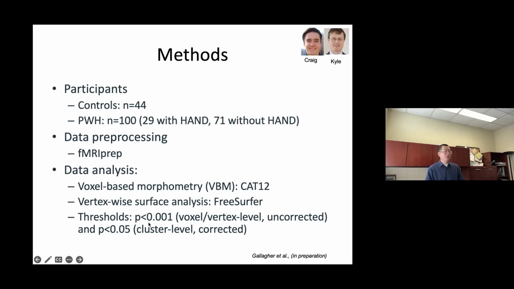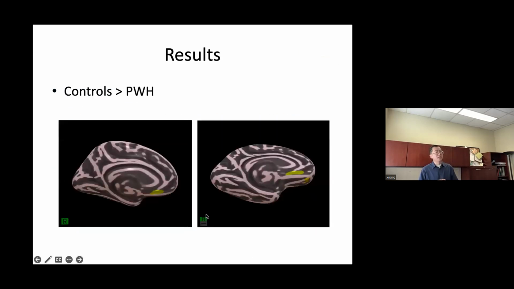Of course, we corrected for multiple comparisons using standard guidelines and thresholds in the literature. What we found is a difference in the frontal region, in the apical frontal region, with reduced volume in the patient population. But we didn't find significant results in other regions.